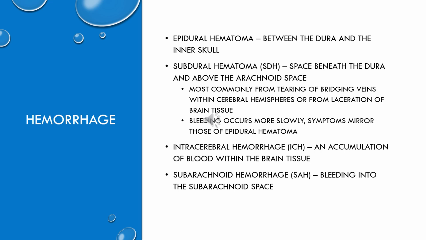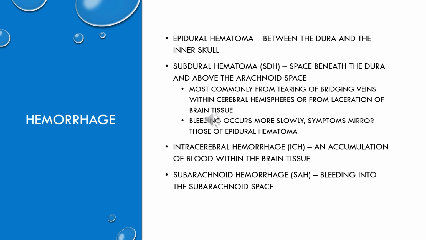But I want you to be familiar with some of the different terms, because you again may see these, and it kind of gives you an idea of where these head injuries are occurring. And again, Iggy does go over these, with some pictures that you may want to look at on page 942 and 943.